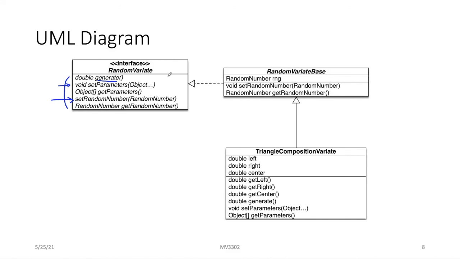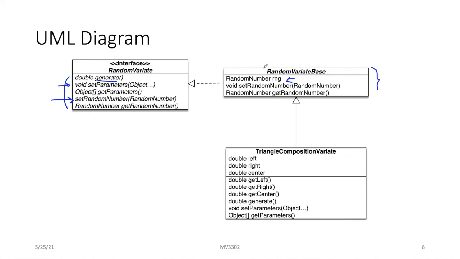But that's the interface. Now the random variate base simply implements the 2 random number methods together with a protected random number instance.